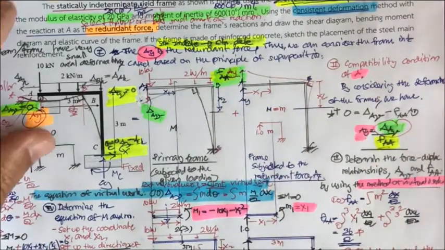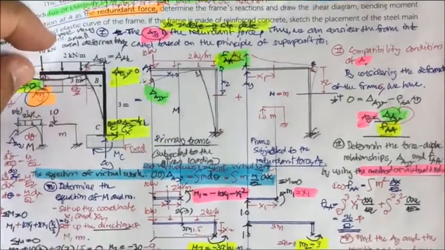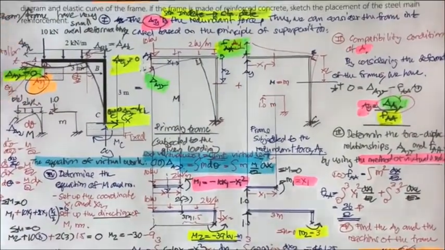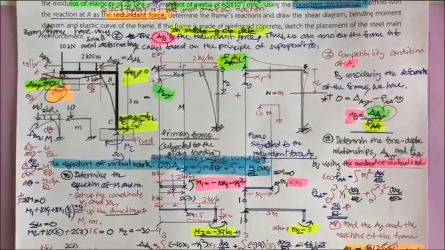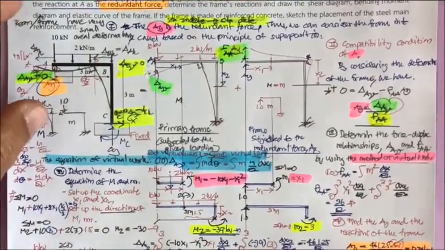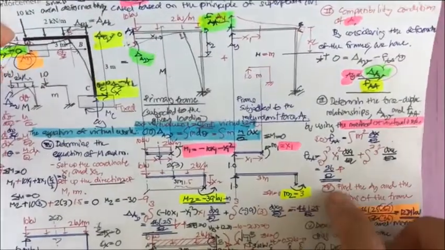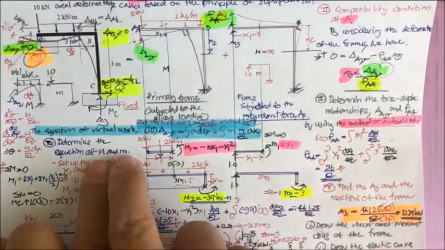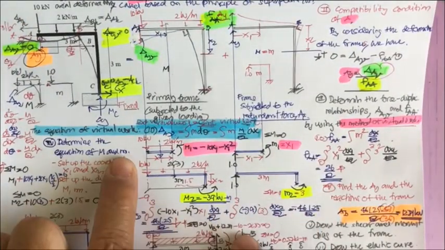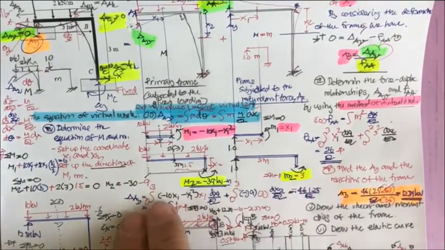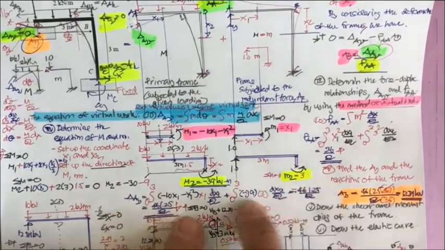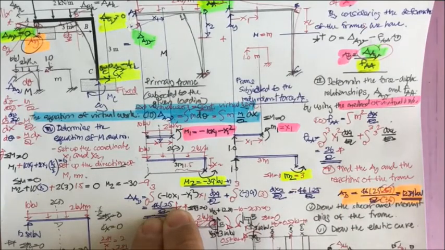You use your basics from engineering statics, or what you have from previous knowledge. You can find the equations of the moment, capital M and small m. By doing so, you do the integration and you get the delta sub AV.